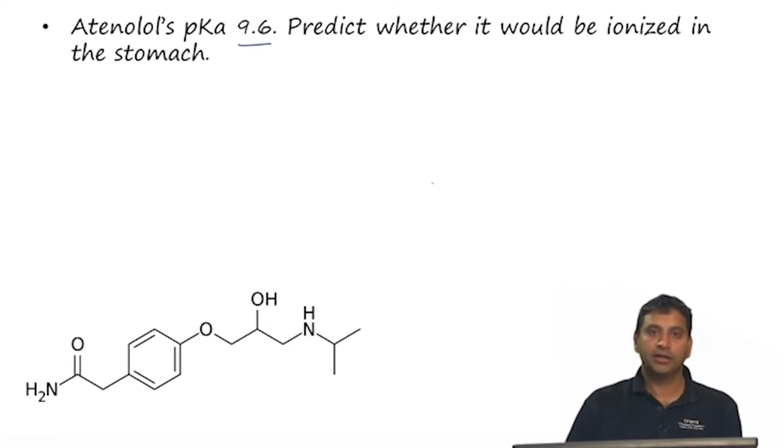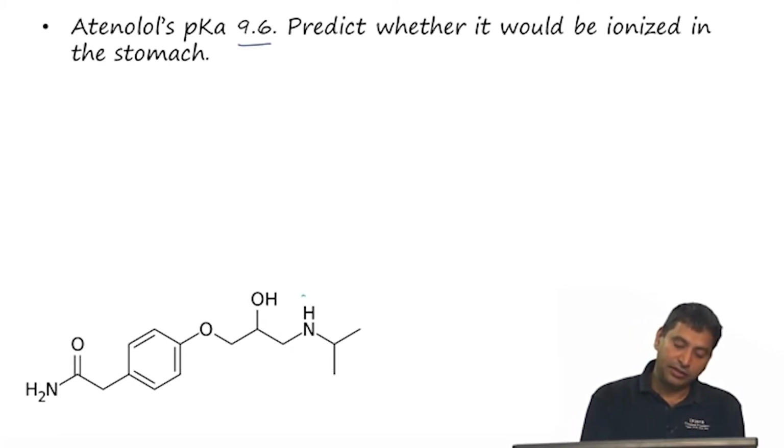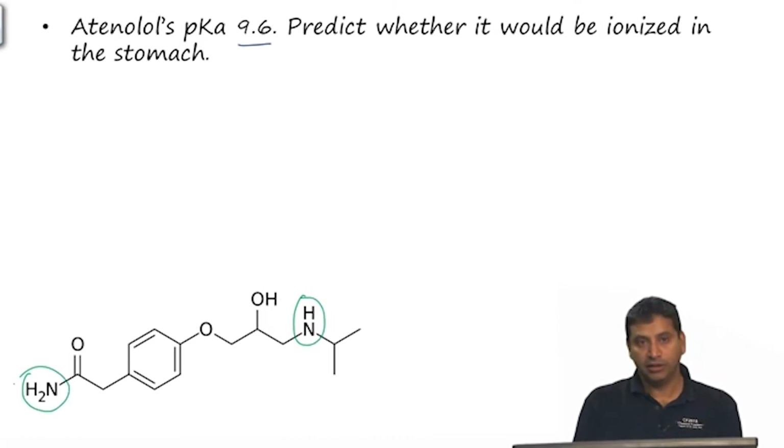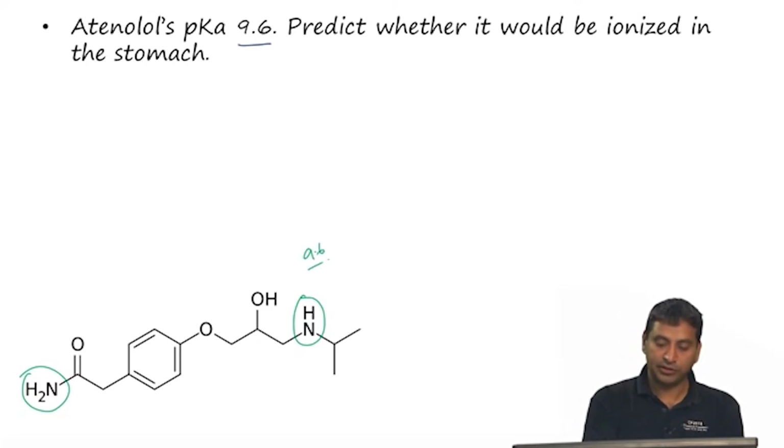When you are looking at bases, we have already seen that it is the pKa of the protonated amine. So, between an amide and a secondary amine, the amine would be a better base. Therefore, the pKa of this amine is expected to be 9.6 rather than the amide.